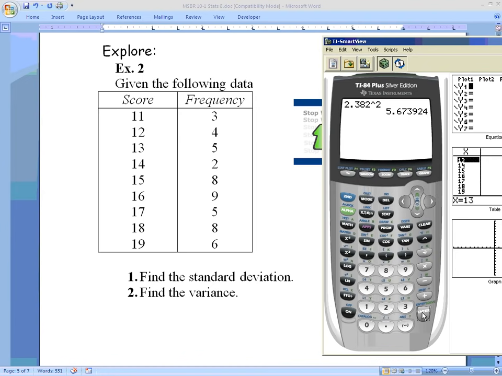I get approximately 5.67, and that would be my variance. So our second step was to find variance, and 5.67 would be my variance. Again, just the standard deviation squared, but since we're using a rounded answer, I made it a little bit more accurate.